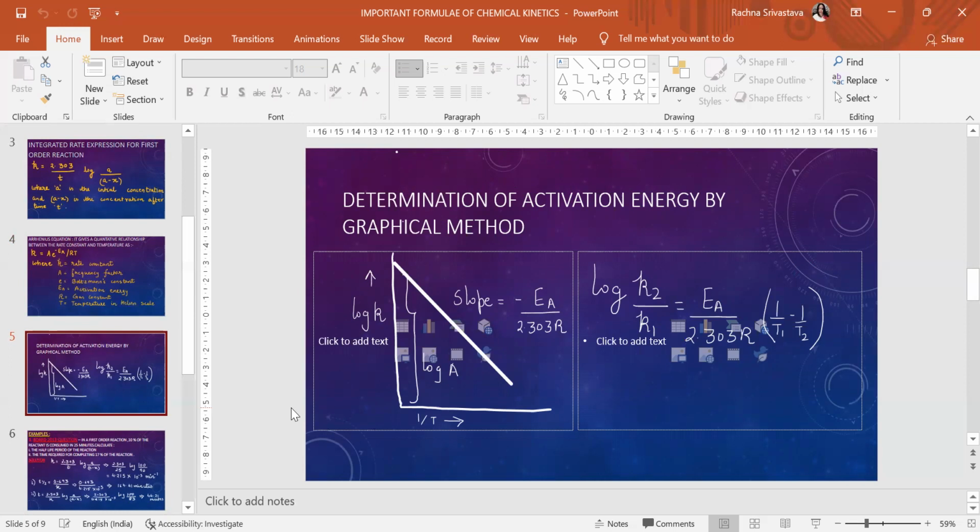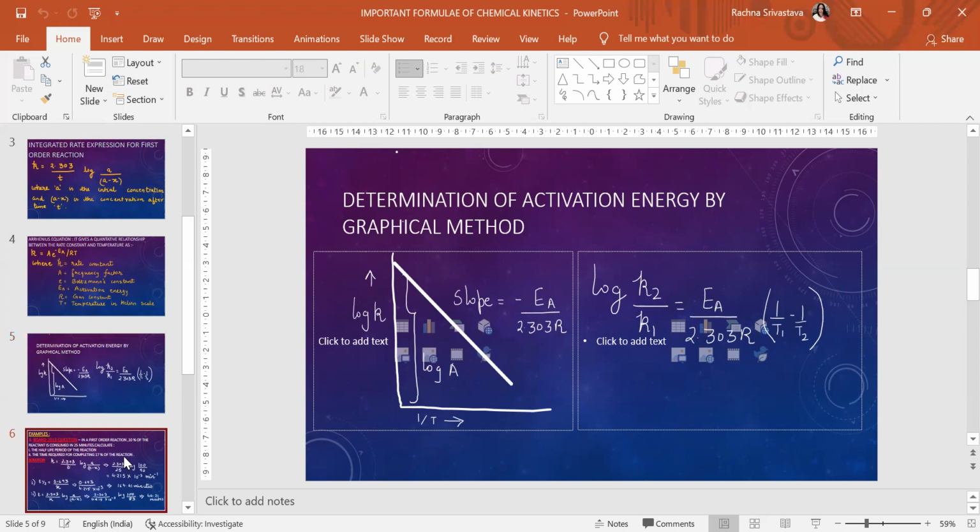Your slope is minus Ea divided by 2.303 into R. Now, the other way around, to calculate your activation energy, the formula says log K2 upon K1 is equal to Ea divided by 2.303 R into 1 upon T1 minus 1 upon T2.